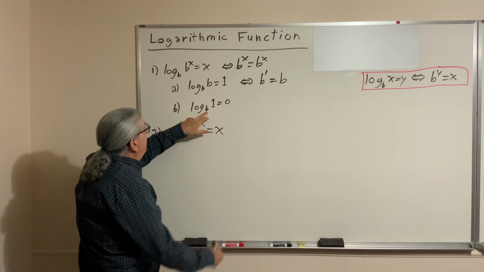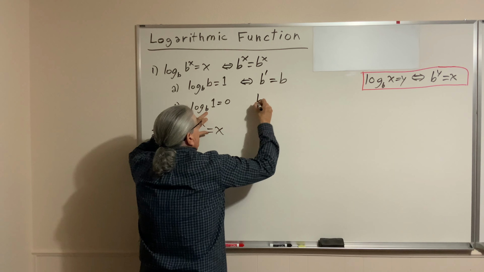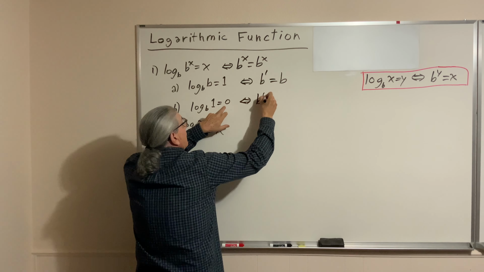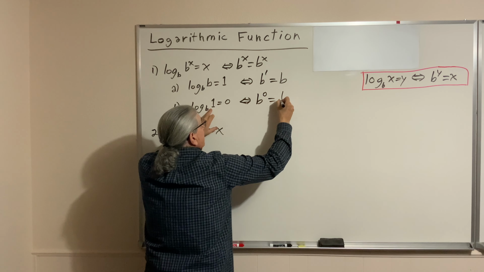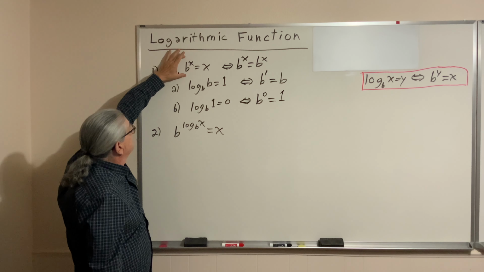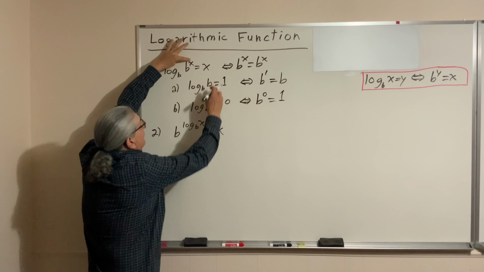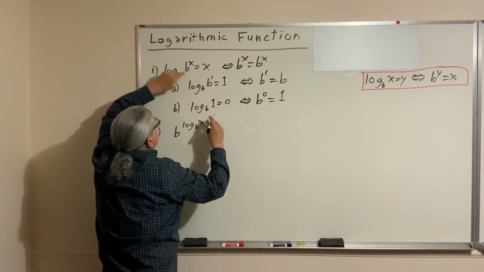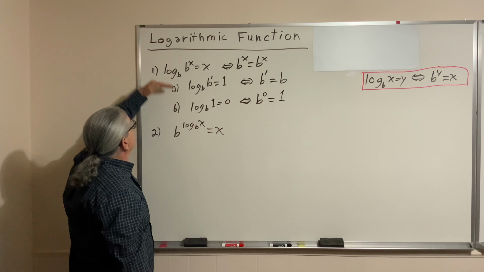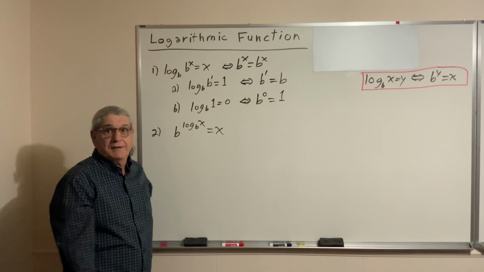We've got b, the exponent is 0, and that is certainly 1. And these are just part of this one. This one, the x is 1. This one is b to the 0. That's what 1 is. So these are just corollaries of this rule right here.